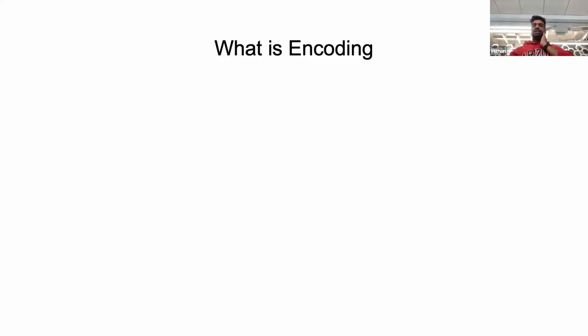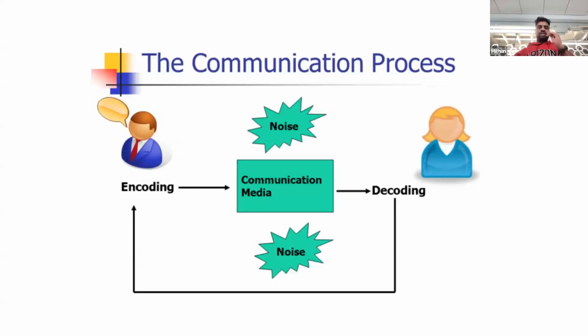So what is encoding? What do we mean by encoding? Since we have a lot of participants from a non-computer science background, encoding is a very simple thing. For example, when we talk to somebody over the phone, we are taking the ideas in our head and speaking them out into words, and the words get encoded into the communication medium, which could be phone, texting, whatever.